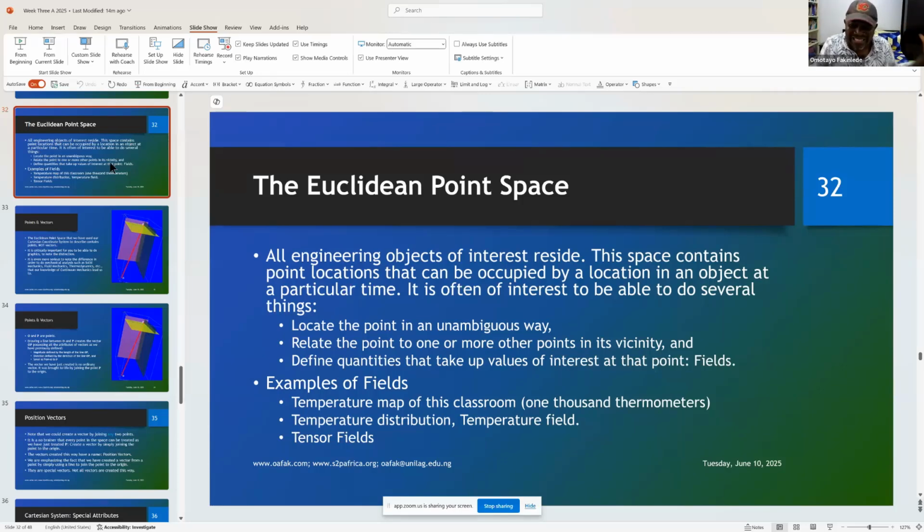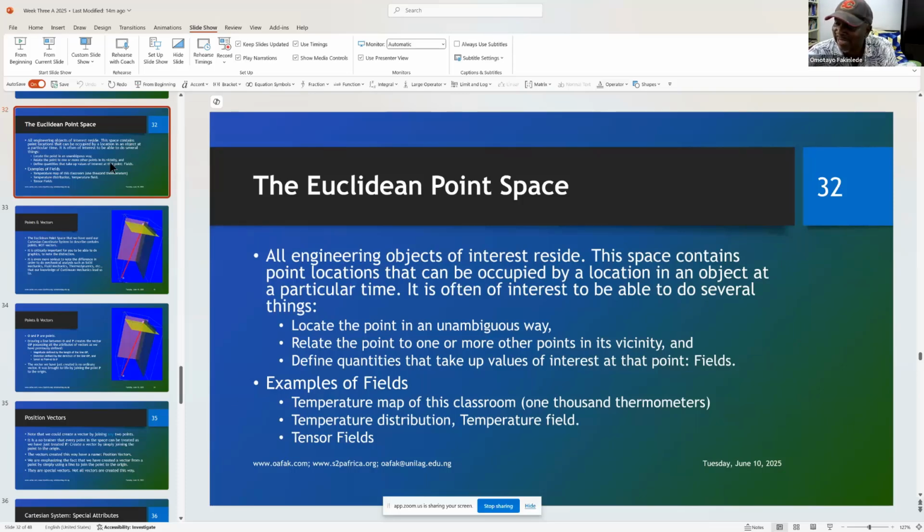So that temperature is a value that you can get for each point. You can say it is a scalar point function. Why do we call it a scalar point function? Temperature is a scalar, and it takes a value from point to point. It takes one value at one point, another value at another point, and so on. So when I gave you 500 thermometers, you can give me the scalar point function of temperature at all the points in the particular region.